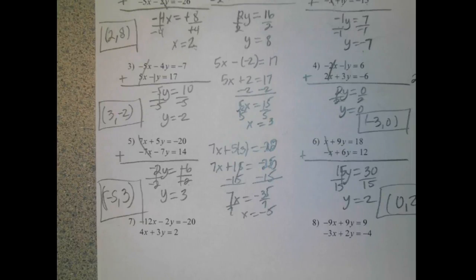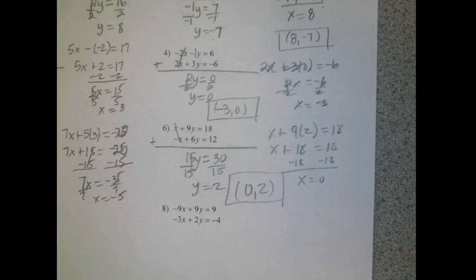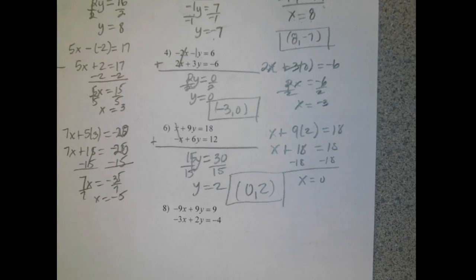Alright, so make sure you have the answers that I have. You don't copy my work. I want you to go home and do the work, but now you have the answer. Write down the answer.